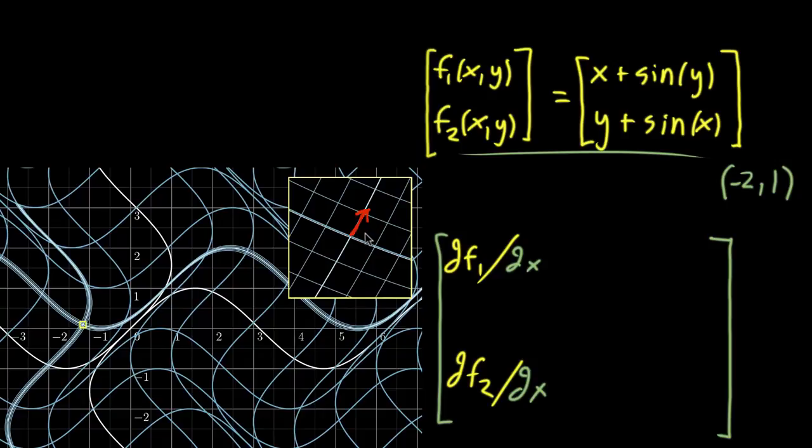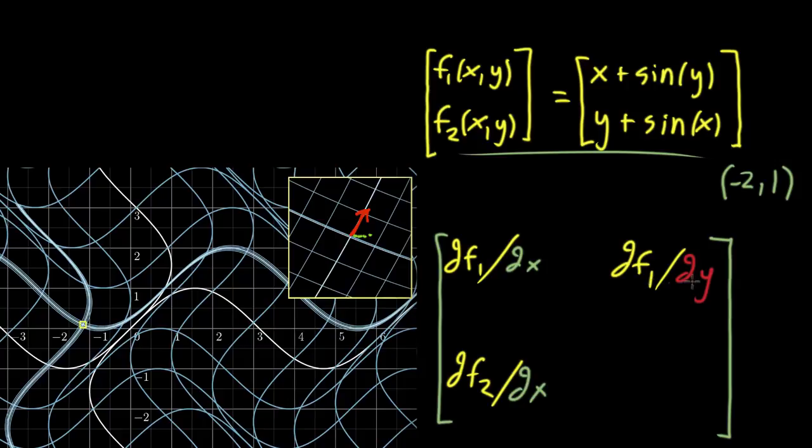We say, first of all, the x component of this nudge vector is going to be given as a partial change to f1, the x component of the output. Here we're looking in the output space, so we're dealing with f1 and f2. And we're asking what that change was that was caused by a tiny change in the y direction.